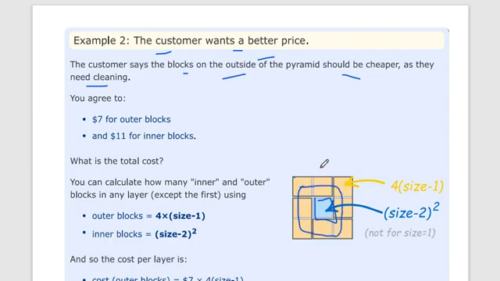Because of air pollution, these blocks need cleaning. The inside blocks can be at the regular price. So you agree to $7 for outer blocks and $11 for inner blocks. We have to calculate the total cost for 14 blocks high.